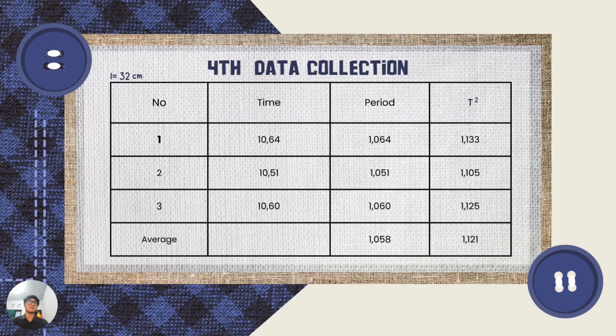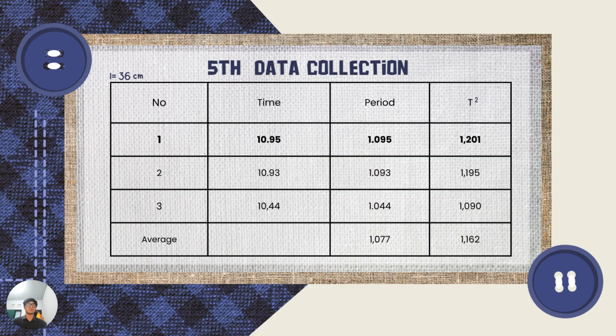The highest is 10.64 seconds, which is lower than before because the length is shorter than the last collection. The period is 1.064 and the T squared is 1.133, with an average period of 1.058 and an average T squared of 1.121.